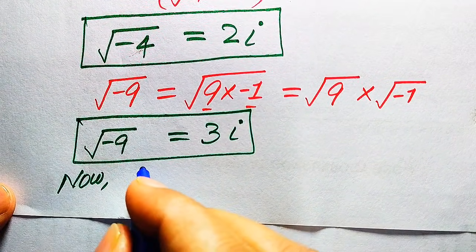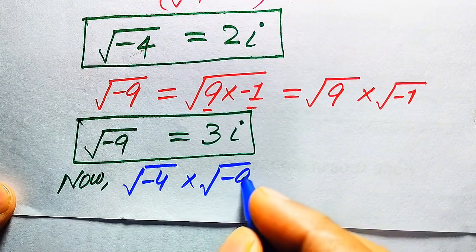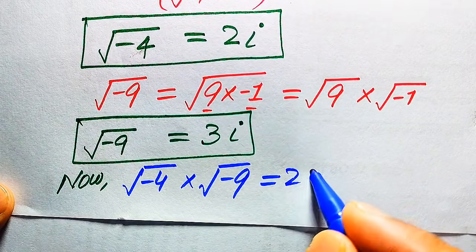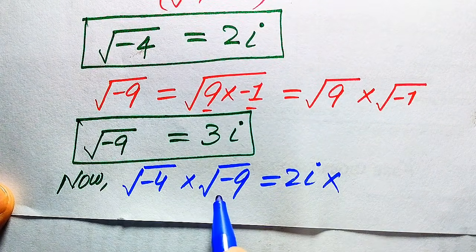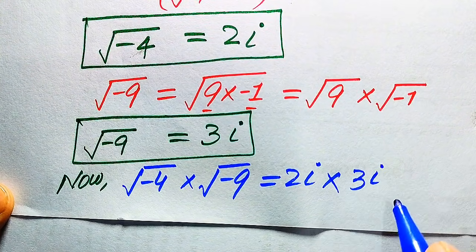Square root of minus 4 multiplied by square root of minus 9 is equal to the value of square root of minus 4, which is 2 iota, multiplied by the value of square root of minus 9, which is 3 iota.